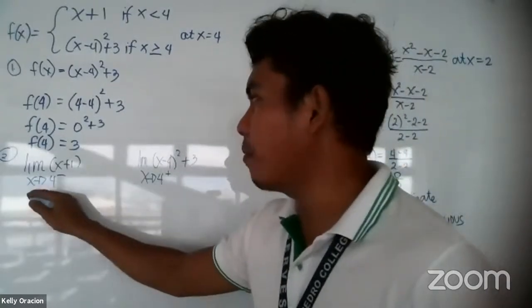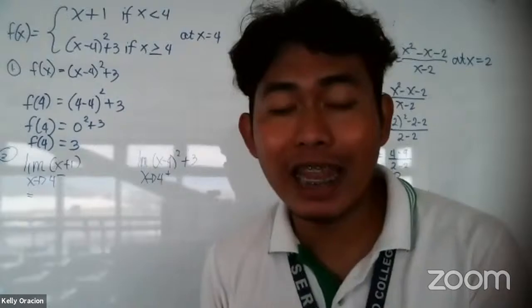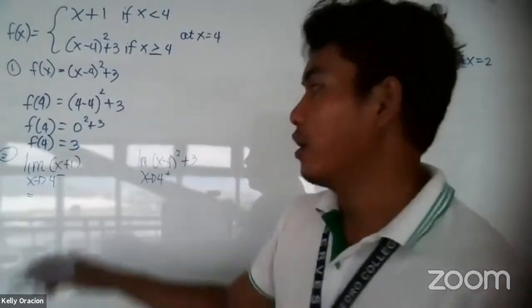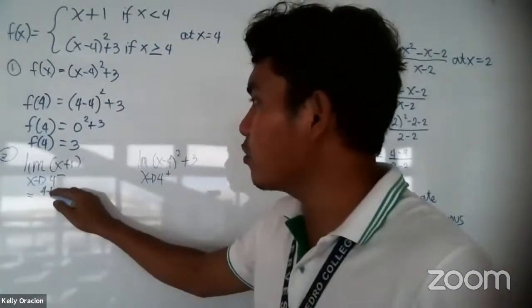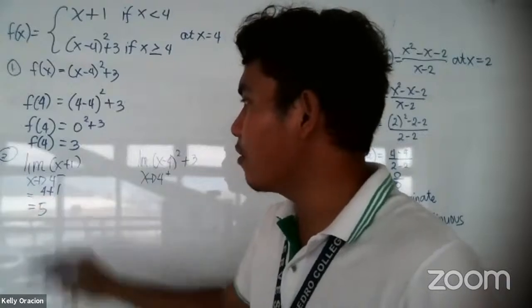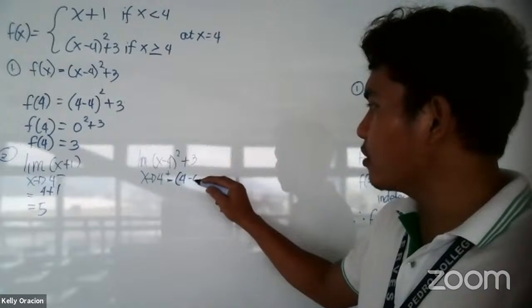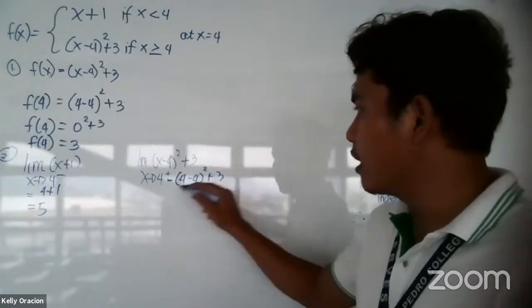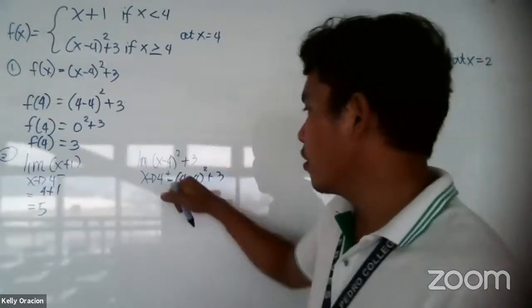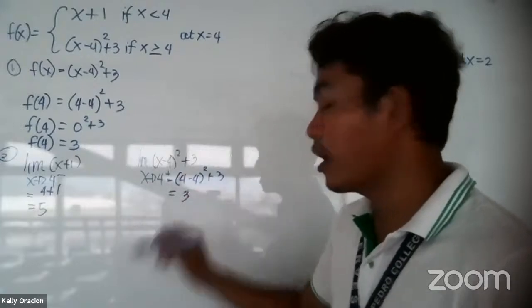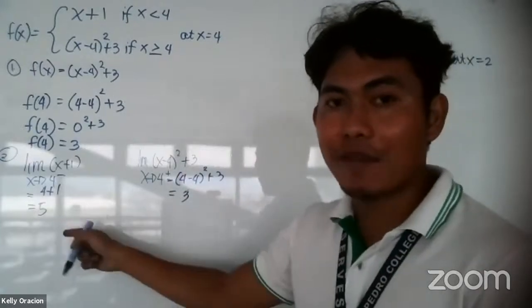Then, pwede naman siya i-substitute, di ba? Pwede lang natin i-substitute. So, 4 plus 1, the answer is 5. Ito, 4 minus 4 squared plus 3, the answer is 3. Ang isa 5, ang isa 3.